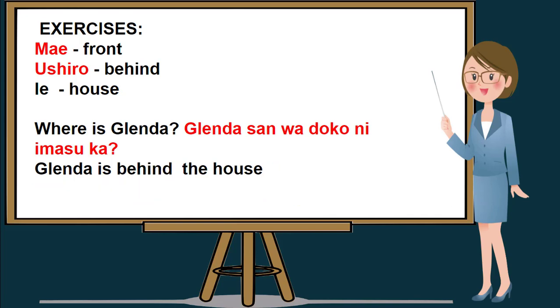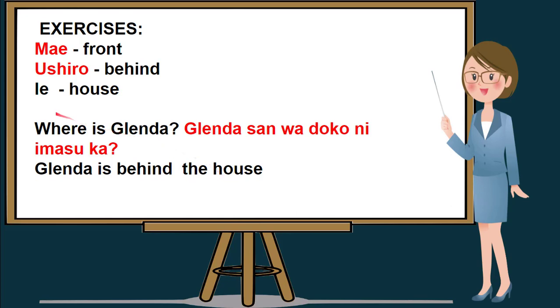Let's try to do another exercise. This time, I'll be giving you again the question, where is Glenda? And I'll also be giving you the translation of where is Glenda in Nihongo, which is Glenda-san wa doko ni imasu ka? And you will be translating Glenda is behind the house in Nihongo.